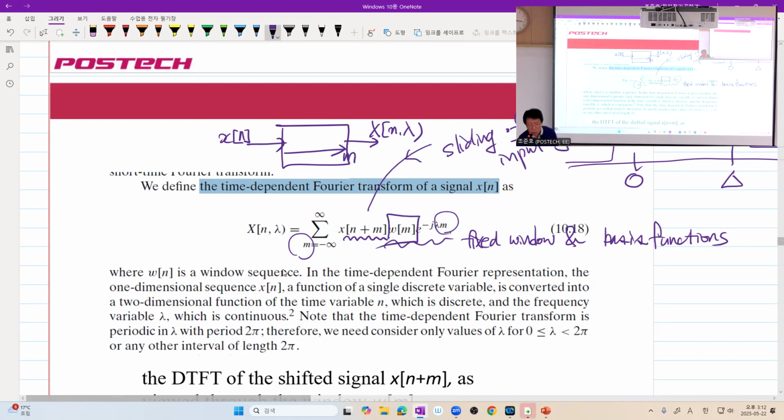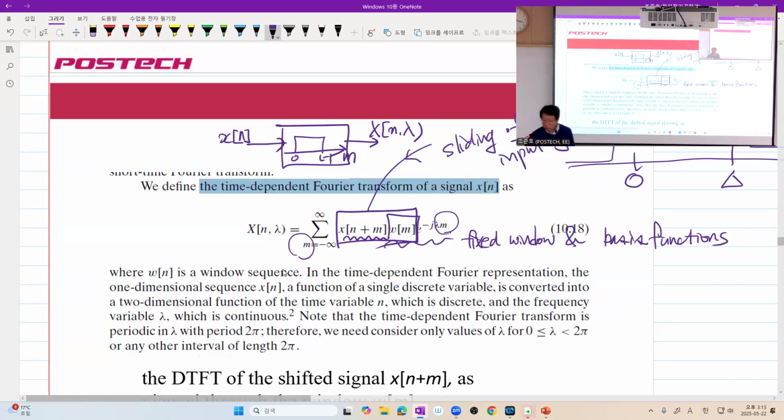And here is the window function, fixed. For example, 0 to L minus 1. Got it? And we perform the DTFT. See that this is DTFT? Worked on the windowed version of the input, advanced.